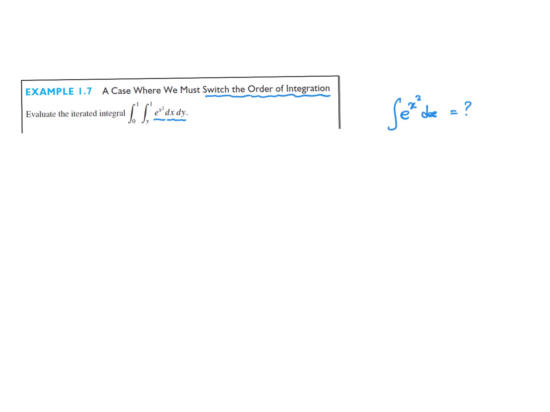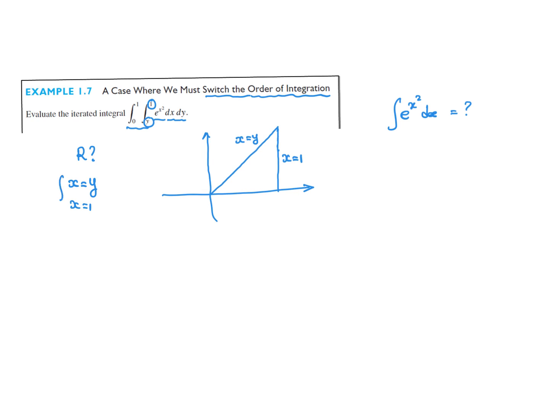But to do that, first we need to determine the region R. What is the region R in this example? We can determine it by looking at the boundaries here. You can see that x goes from x equal y, which is the line x equal to y, to x equal 1, which is the vertical line, and y is between 0 and 1.